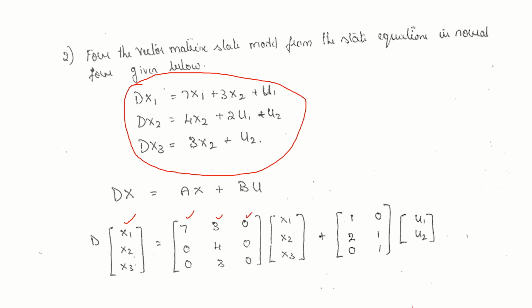There is no x3, so 0. Second equation, x1 is not there, x2 is 4, x3 is not there. Third, x1 is 0, x2 is 3, x3 is 0. Come to this one. u1 is 1, u2 is not there. u1 is 2, u2 is 1. u1 is not there, u2 is 1. That's how we get the state model.